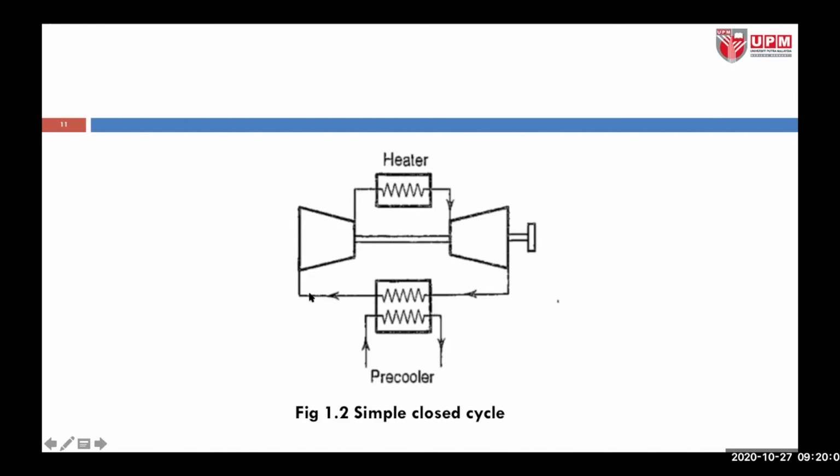Let's say it starts before going into the compressor, and the gases are being heated, right? You need an external heater, right? And then going into the turbine and being passed back into the pre-cooler, because everything that goes out from the turbine is slightly hotter, and you have to chill it back before you supply it back to the compressor, and then the process continues.